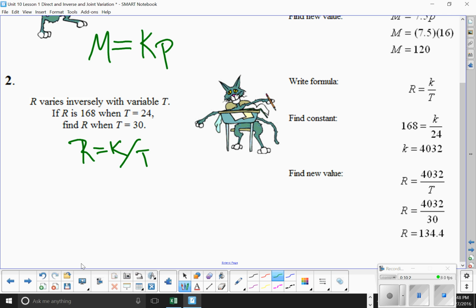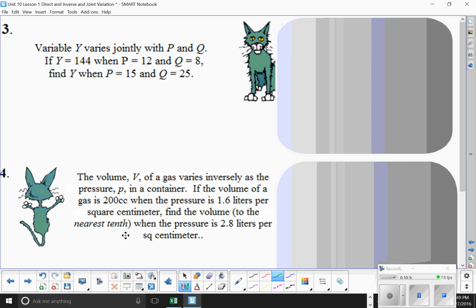Okay? Think you've got it? You're going to write the formula, find the constant, find the new value. Those are your 3 steps. Write the formula, FCV, formula constant value. Okay, I'll pause, take a look at these.